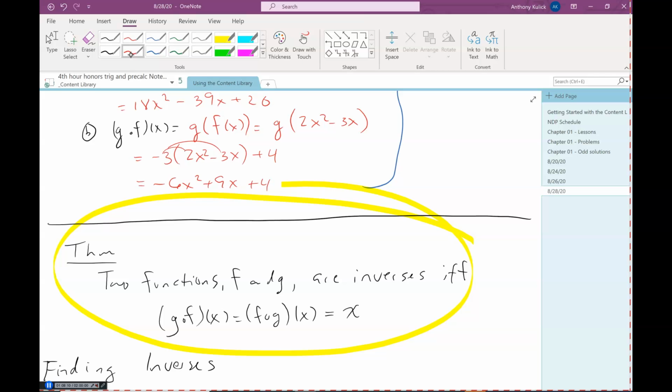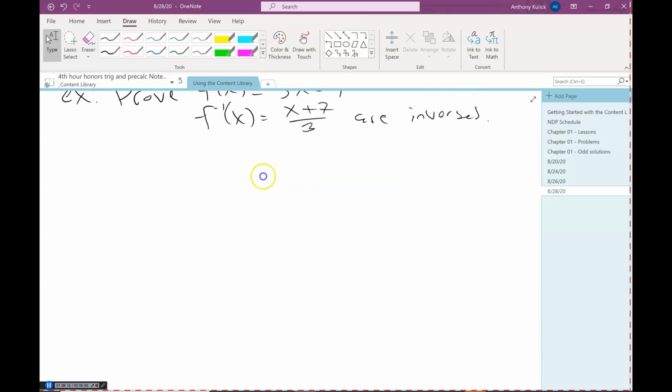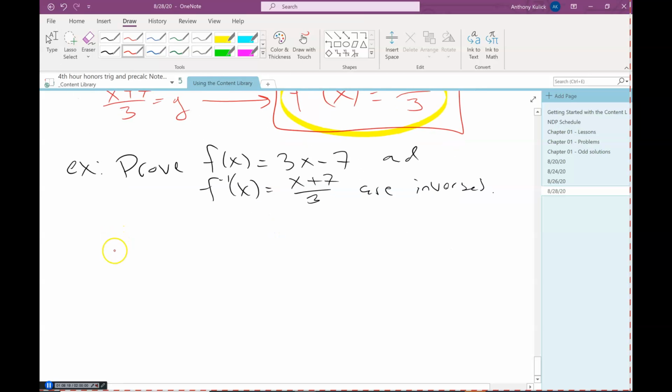That's the tool that we're going to use to do this proof. So if we're asked to prove 2 things are inverses, that's what we have to do. So let's start doing f compose g. Well, maybe I'll call g f inverse, since I called it f inverse up there.